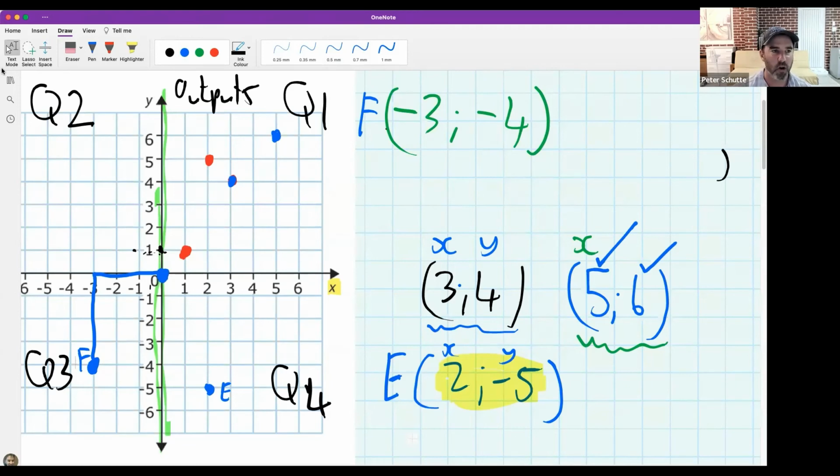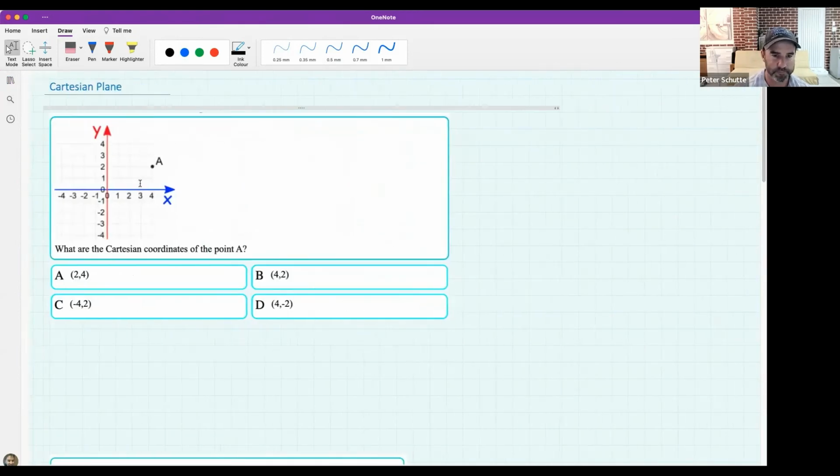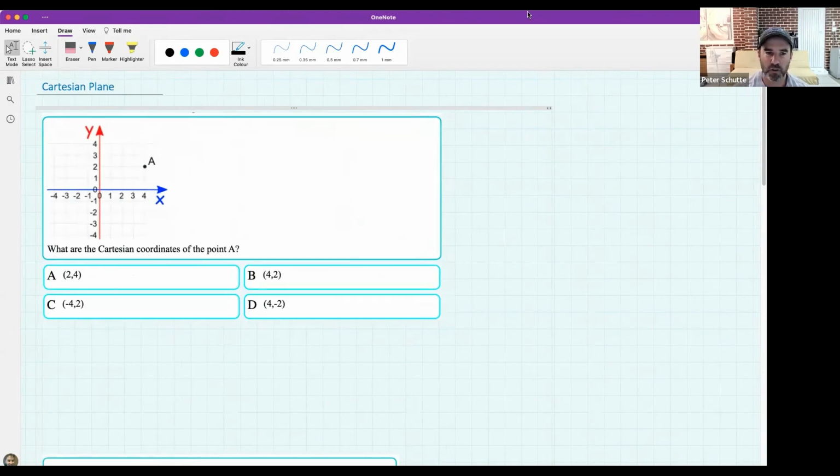All right, you guys are winning. I think it's time for us to have a little question. And you know how I like to use the poll function. So what we're going to do is you guys are going to tell me there's a point A, and you need to work out which of the 4 is the correct way of writing the point A. Now, this is a little bit tricky because I did it the other way around now.